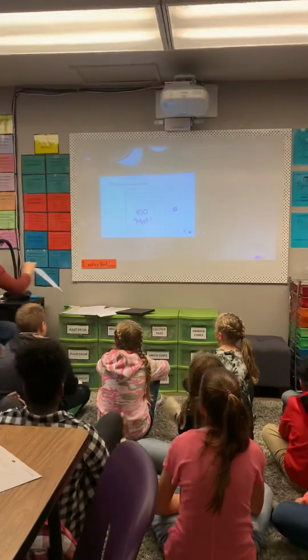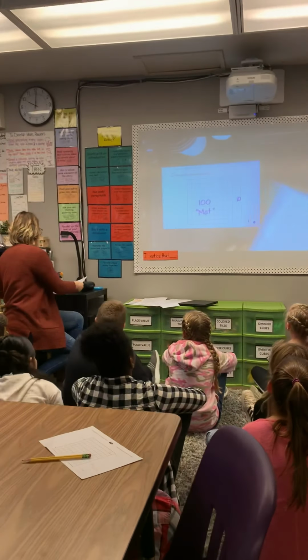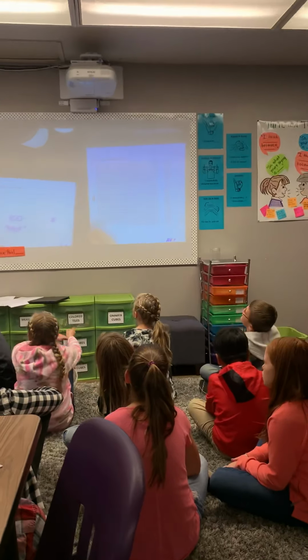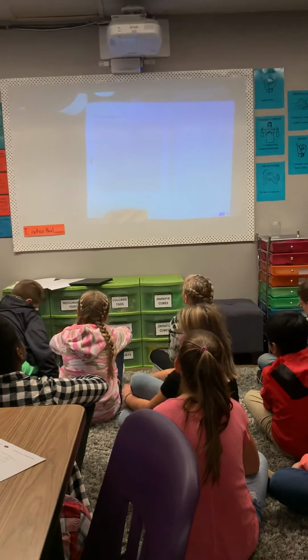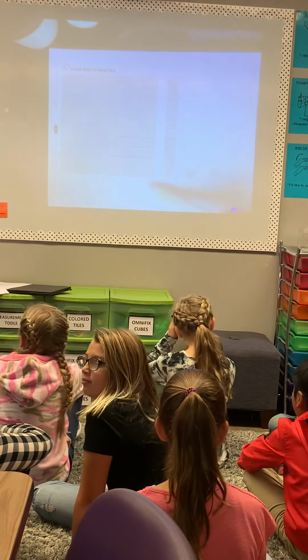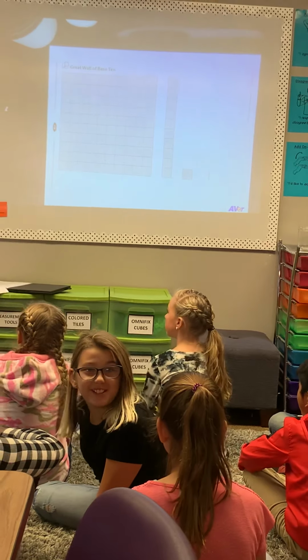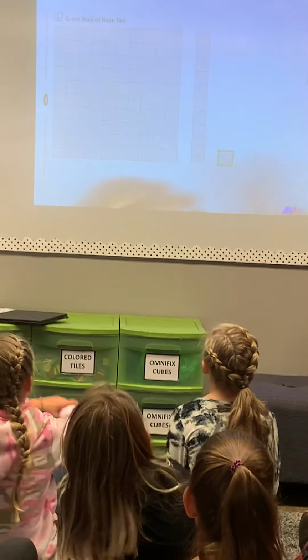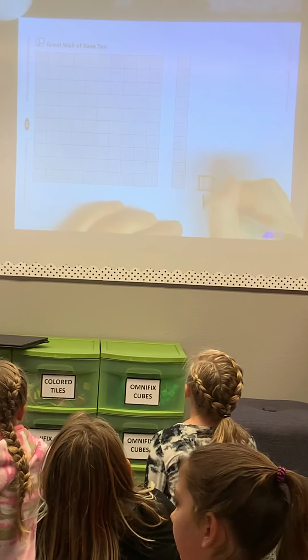Are you ready for this? Okay, so the Great Wall of Base 10, we used to say that this tiniest piece right here was a 1. We're not gonna call that our unit anymore. We're gonna call this piece our 1. This represents 1 now.